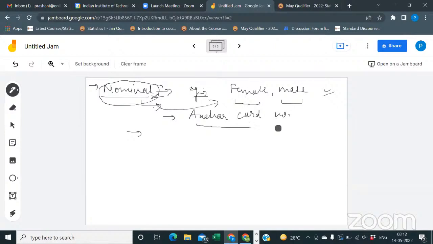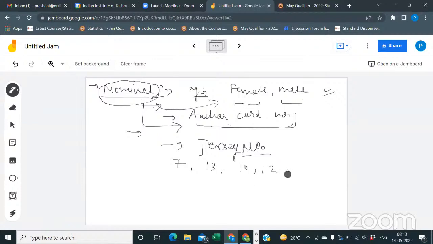We cannot perform any logical operations, and you cannot order it either. That's why this comes under the nominal scale of measurement. Suppose I'm saying jersey numbers of cricketers: 7, 13, 10, 12, 14. Can you say jersey number 14 is two times this jersey number? No.